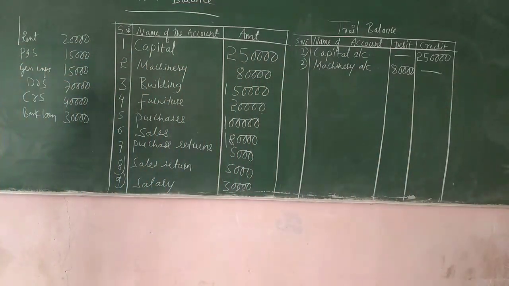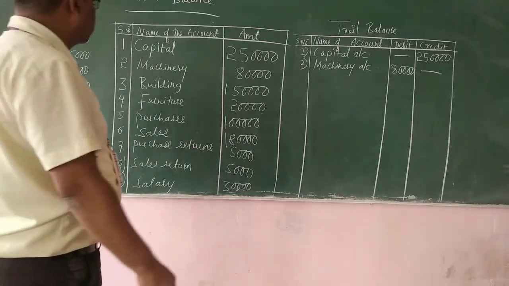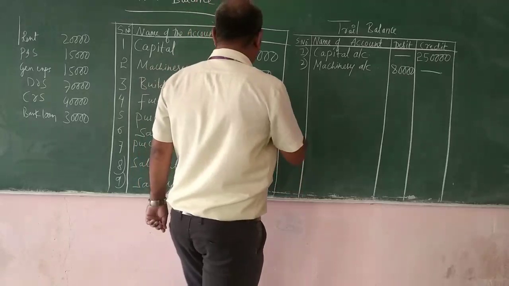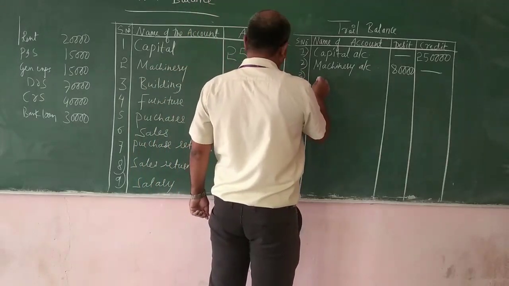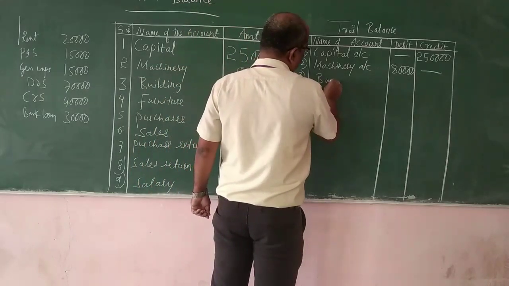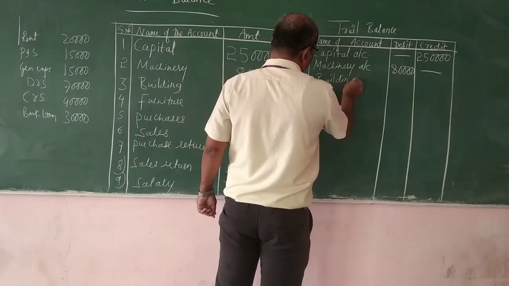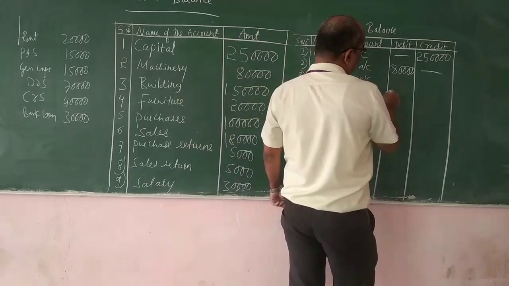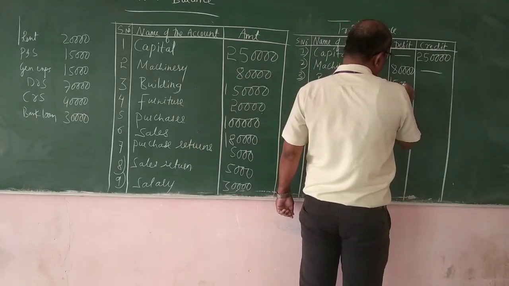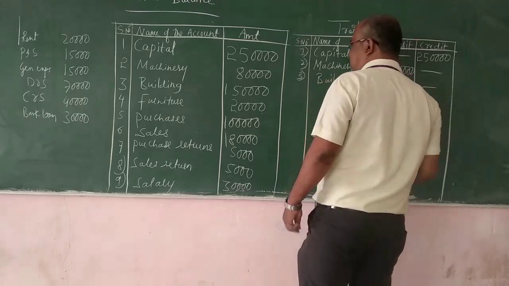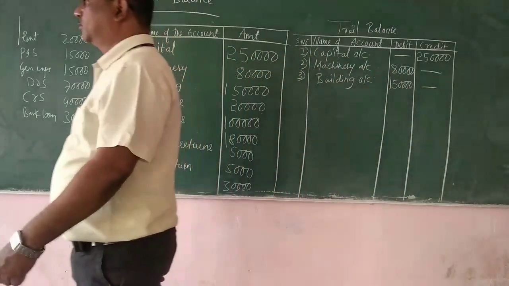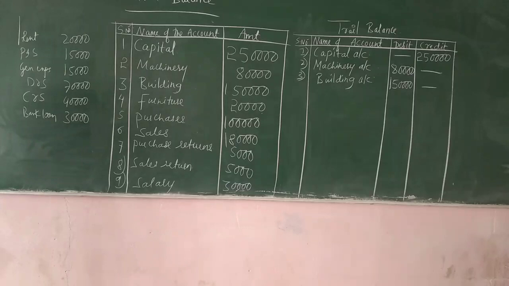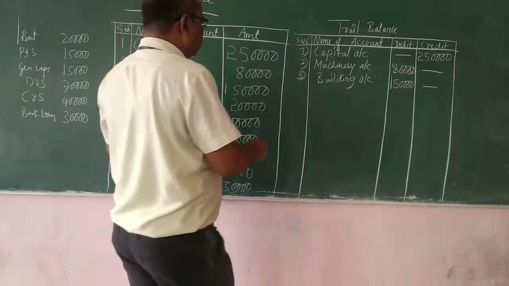Next is building. Building account is an asset account, so it should be debited. Next is furniture.